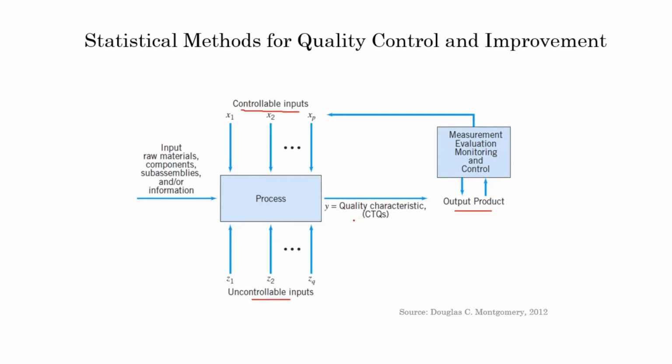That output is characterized by these quality characteristics. The quality characteristics that we monitor might be one or more than that. And we look at the output and would influence the controllable inputs. So when you are worried about the controllable inputs, we call it statistical process control.